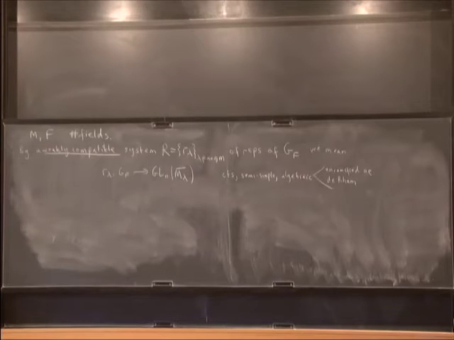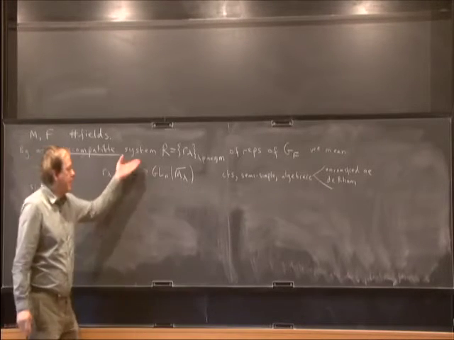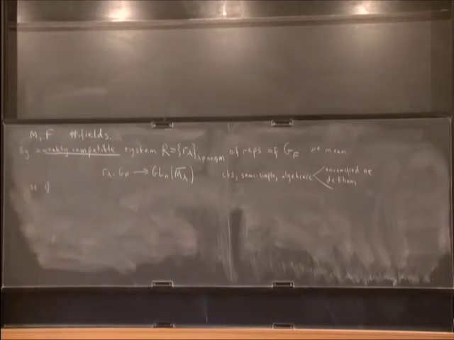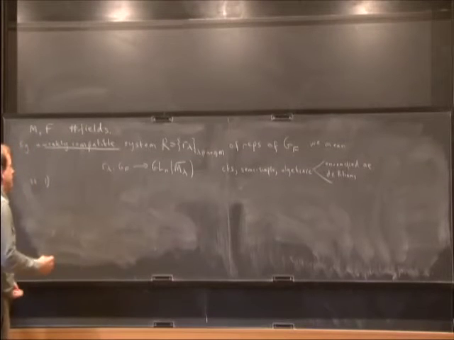And these things must be consistent in some way. The first way they must be consistent is that at places where they're unramified, the characteristic polynomials of Frobenius must be the same.